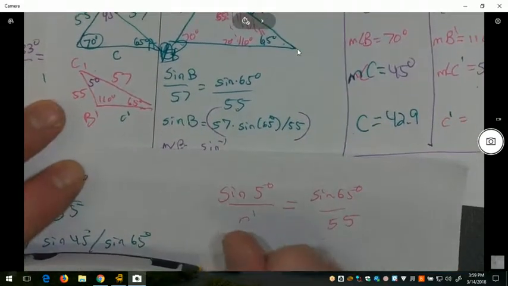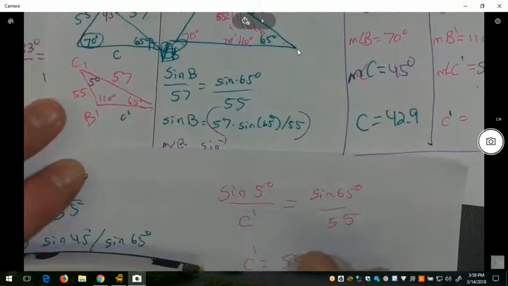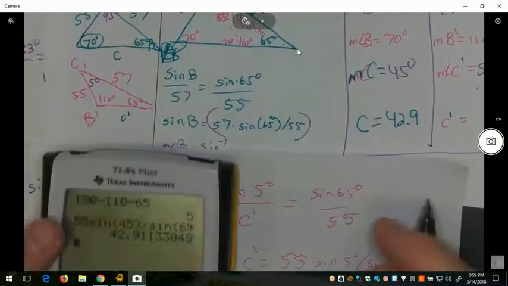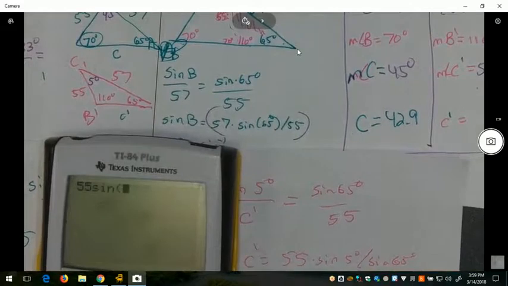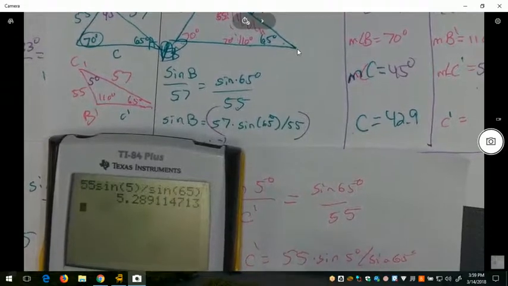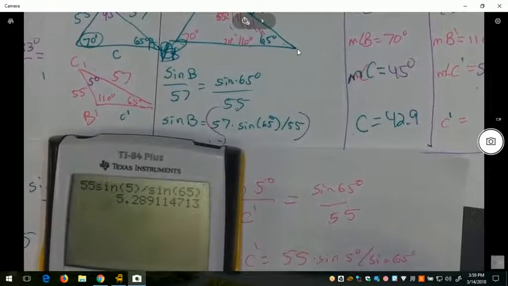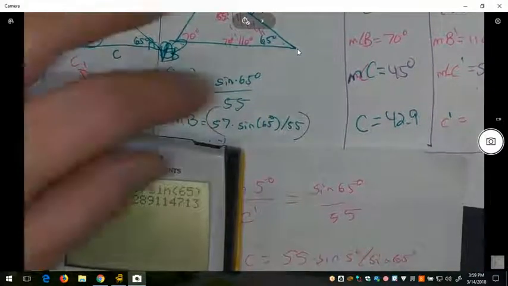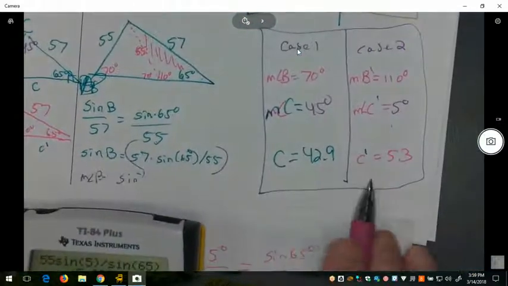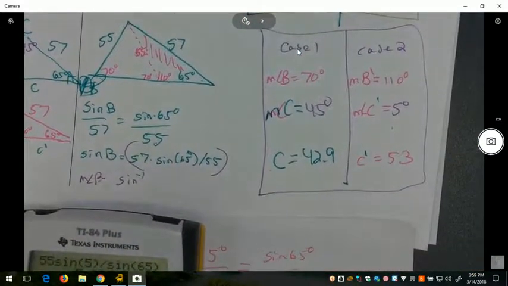When I cross multiply, I have C prime equaling 55 times the sine of 5 degrees divided by the sine of 65 degrees. This gives me C prime 5.28, which rounded to the nearest tenth would be 5.3. Definitely smaller than the original side C, which is much longer.